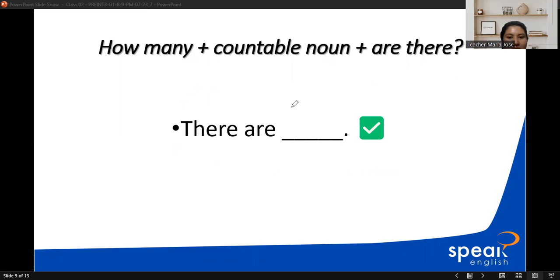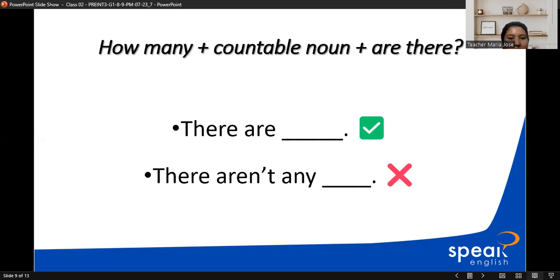Okay. So as you can see, we are working with countable nouns. So in this space, you have to use the countable noun, okay? Now, another possible answer for this is the following. Can you read it, please, Gabriela? There aren't any. Okay, excellent.